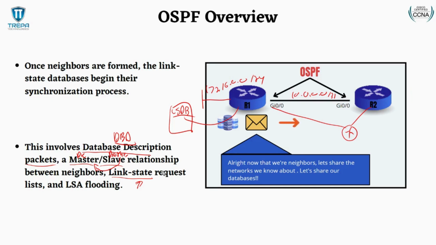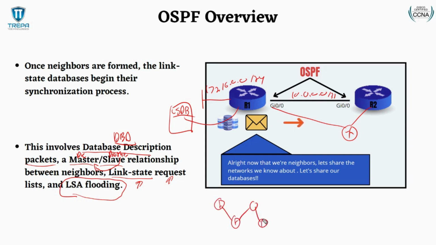The designated router is going to send an LSA update back. And then that slave router is going to send an LSA acknowledgement back. And it's going to do that until this link state request list is empty. And then it's going to go into that full state, because now the link state databases are synchronized once this request list is empty.